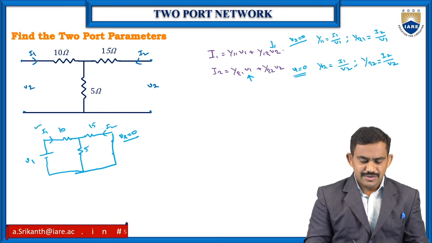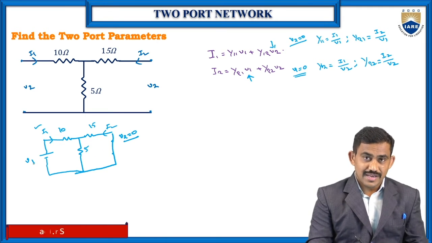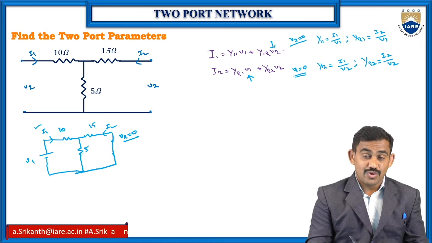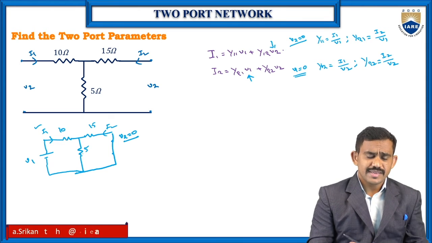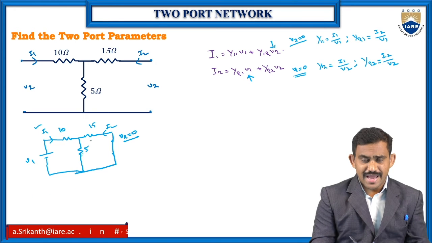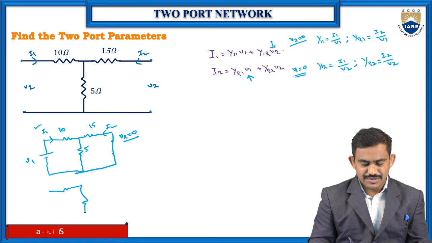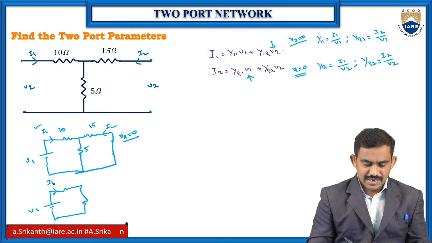Okay, first I1 value. For I1, we have the source current and source voltage. When I know the source current and source voltage, I can find the impedance value. The 15 and 5 are both in parallel, in series with your 10 ohms. So 15 and 5 in parallel means your circuit will be changed to one circuit: V1, I1 and here 10 ohms.